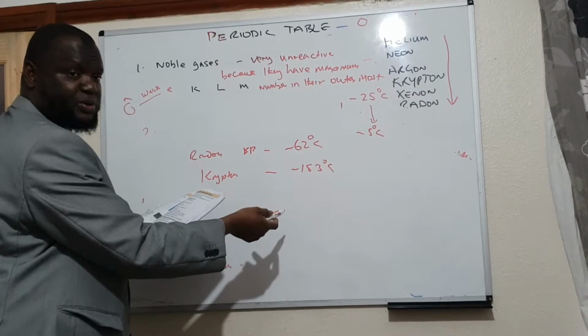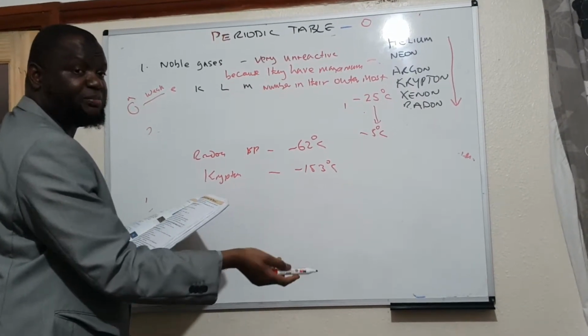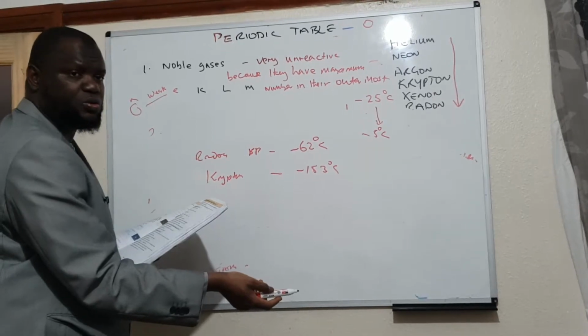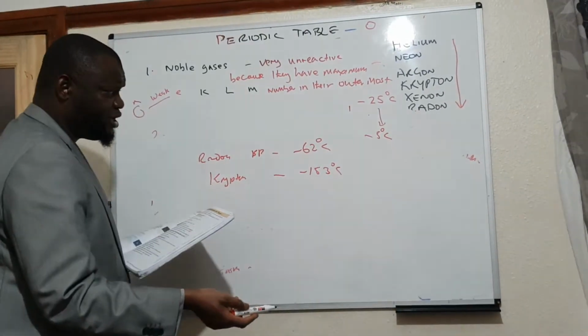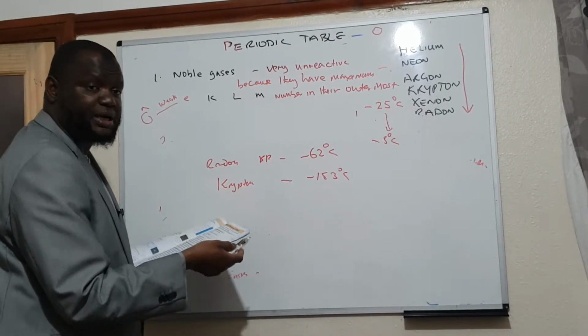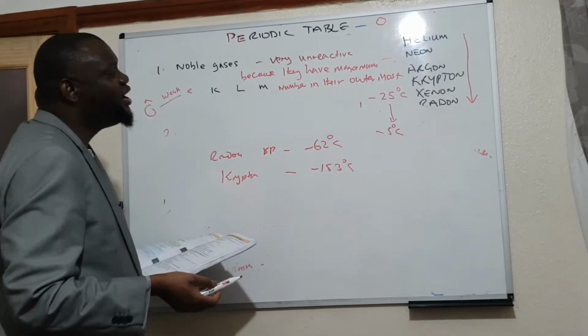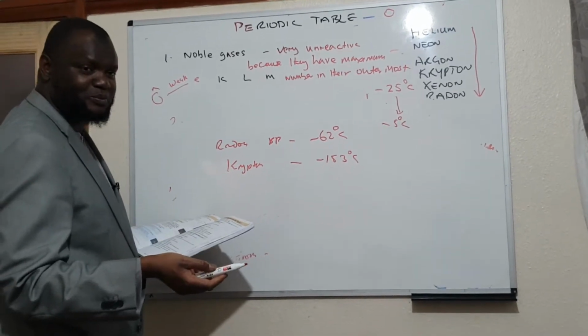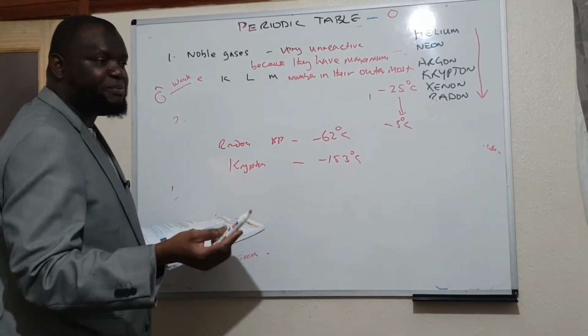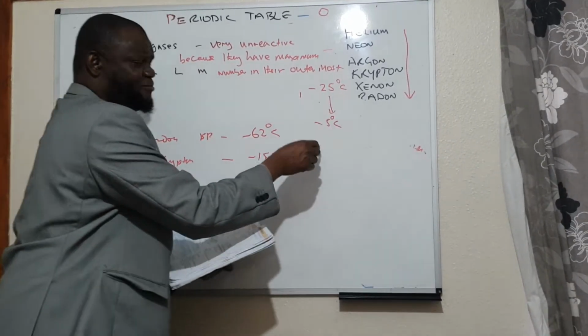What's the boiling point of water? 100 degrees. What's the melting point of water? Zero. We are going to do state of matter, that will be the next topic.